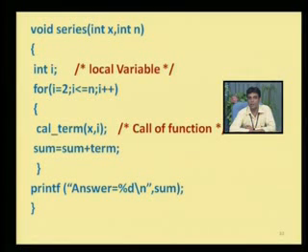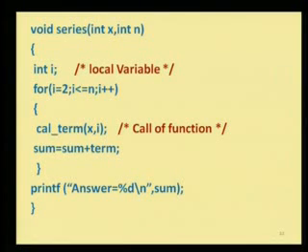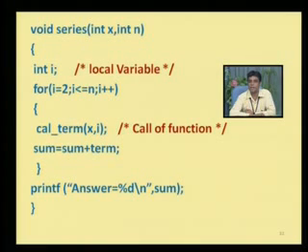The next section has another function, void series. In series we define int x and int n, two integer values, and we define the local variable int i. Then we write for i equals 2, i less than or equal to n, i plus plus. In this program we have to compute x to the power n, where n provides the power. Suppose n equals 4, then the loop will execute from 2 to 4: 2, 3, 4.